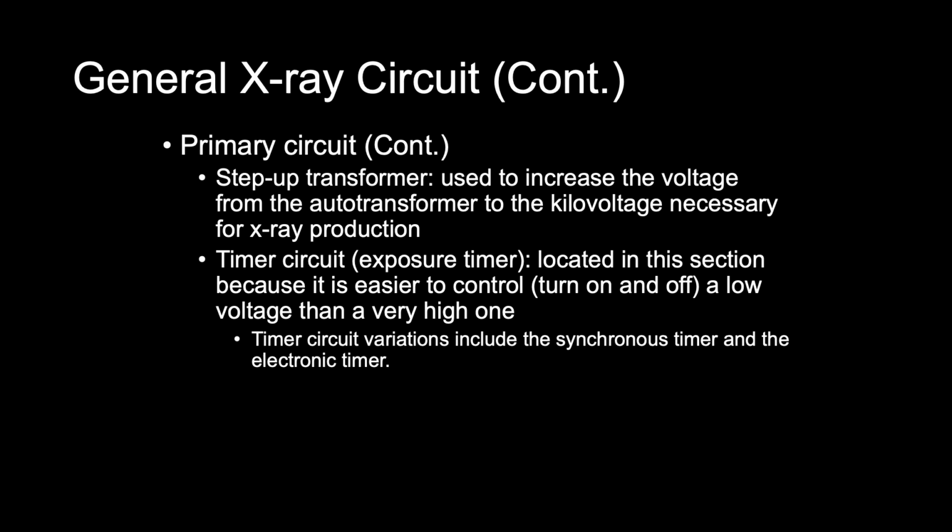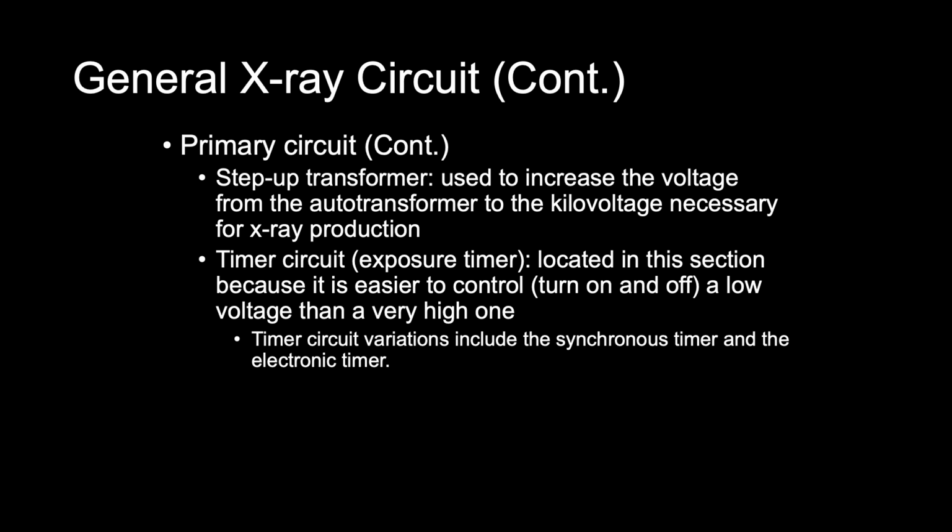Unlike the auto transformer, the step-up transformer is not adjustable, and it increases the voltage from the auto transformer by a fixed amount. The timer circuit, or exposure timer, is located in this section because it is easier to control, turn on and off, a low voltage than a very high one.